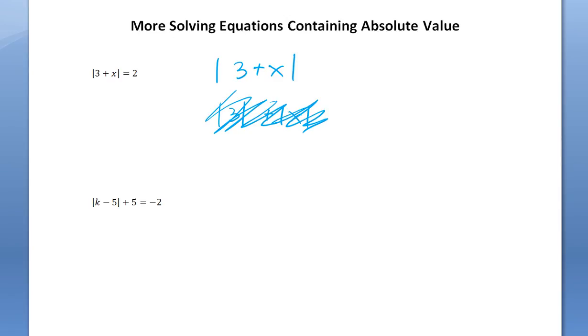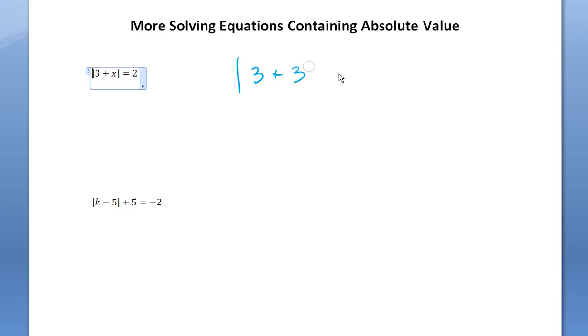And so what we need to do in this case is realize that if I have the absolute value of a quantity, 3 plus x, equal to 2, it means I have a couple options.